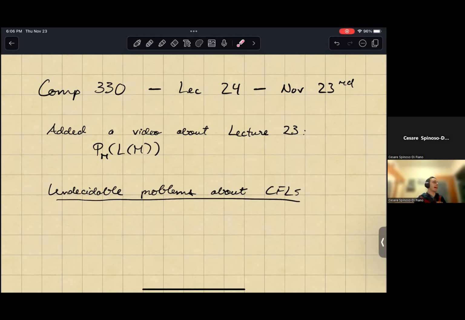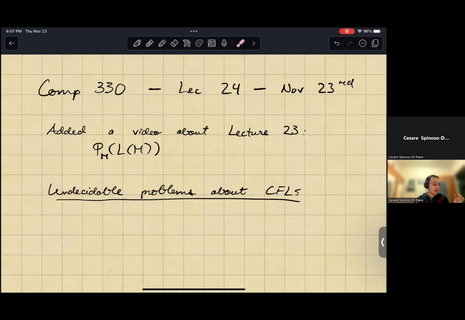When I say I'm making a decision problem about a context-free language, I'm saying that I'm given some finite representation of the language. In this case, it's going to be a context-free grammar, and I'm going to ask a question about the language generated by that grammar.